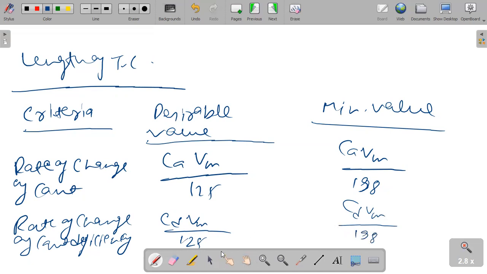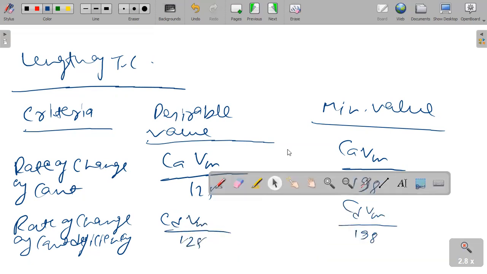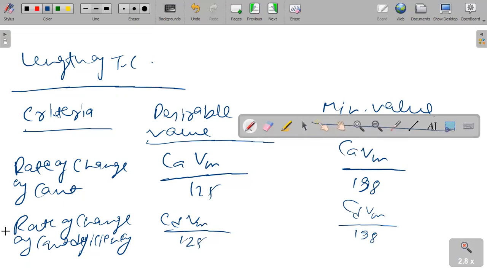Another criteria is cant gradient. It should not be greater than 1 in 720, and it should not be less than 1 in 360 for broad gauge.